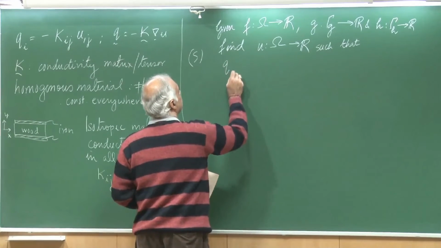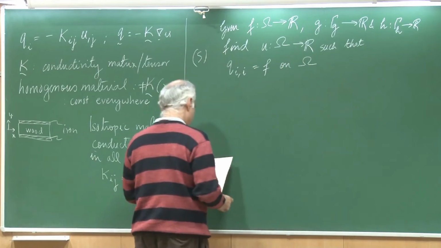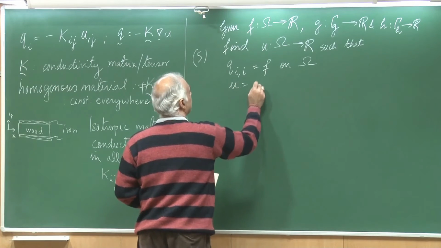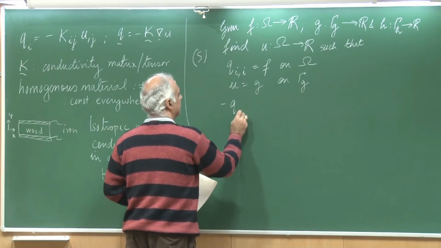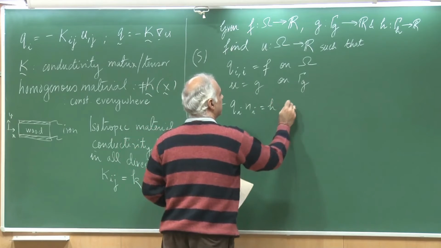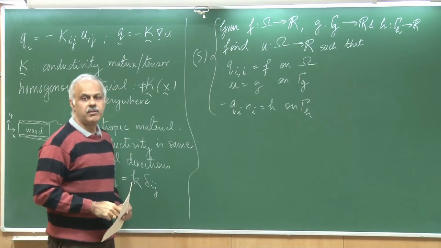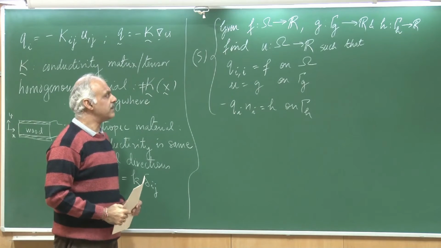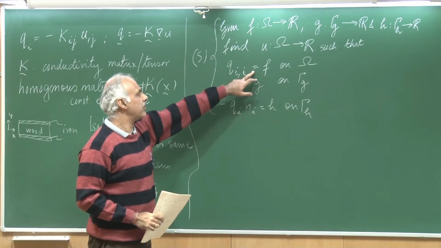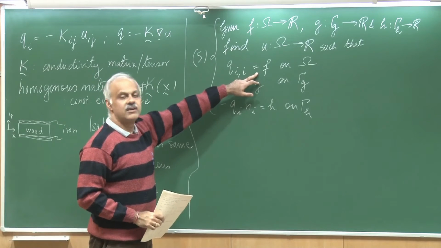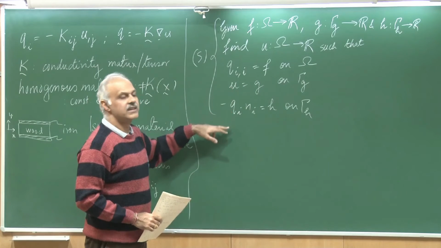So, the differential equation is qi comma i equal to f on omega, and u is equal to g on gamma g, and minus qi ni is equal to h on gamma h. This is the strong form of the problem. If you compare it to the one dimensional problem, we had u comma xx equal to f, or u comma xx plus f equal to 0 was our original differential equation, and then we had two boundary conditions, a Dirichlet boundary condition and a Neumann condition.